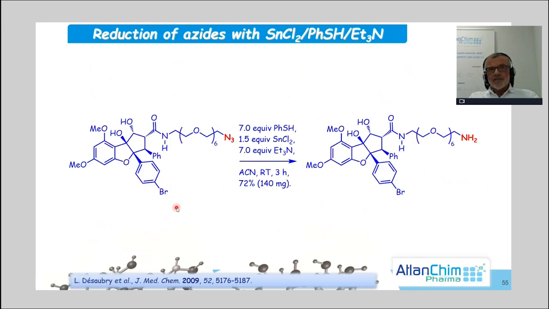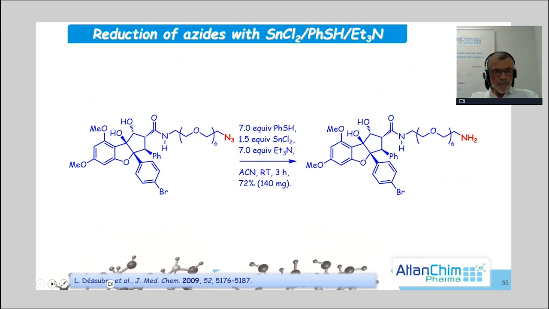In this later example, initial attempts to reduce this azide here to the corresponding amine by Staudinger reduction or with 1,3-propane dithiol failed due to the formation of numerous byproducts. Using Villarasas procedure, the amine was obtained in a 72% yield.